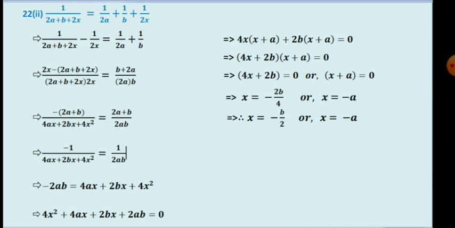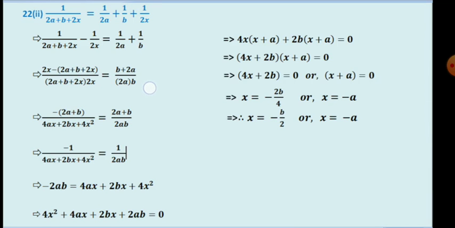Now taking the LCM in the left hand side, that is 2a plus b plus 2x into 2x. So in the numerator we'll have 2x minus the whole of this term, that is minus 2a plus b plus 2x, and in the right hand side again we'll take an LCM of 2a into b, so we'll have b plus 2a.